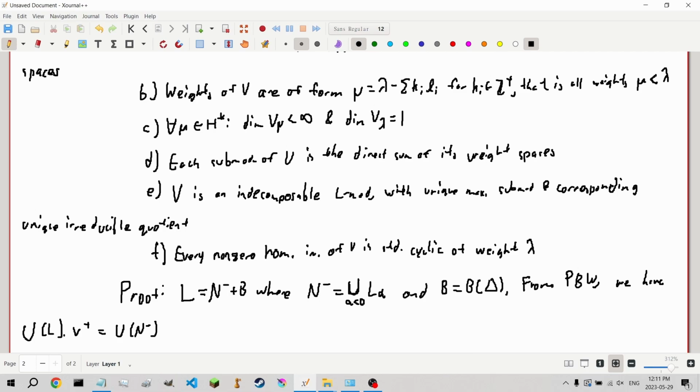So the universal enveloping algebra of L on V plus is U of n minus times U of B on V plus, which is U of n minus on F scaling up our copy of V plus, since V plus is a common eigenvector for B by definition.